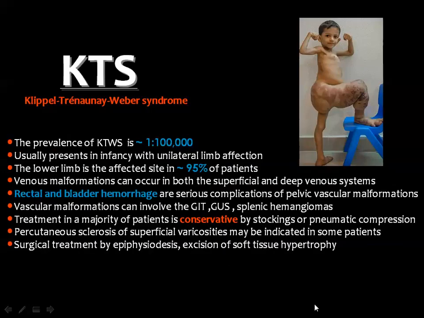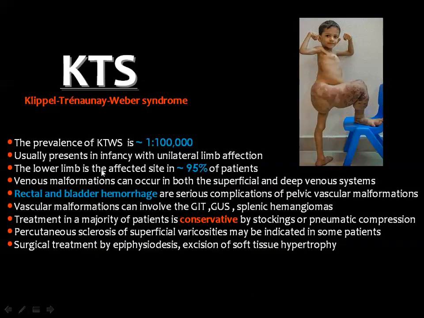Then Klippel-Trenaunay-Weber syndrome is one of these vascular syndromes. It is the incidence, as you can see here, and it usually presents in infancy and is unilateral in most of the cases, may affect the upper limb, of course, and may affect the lower limb.